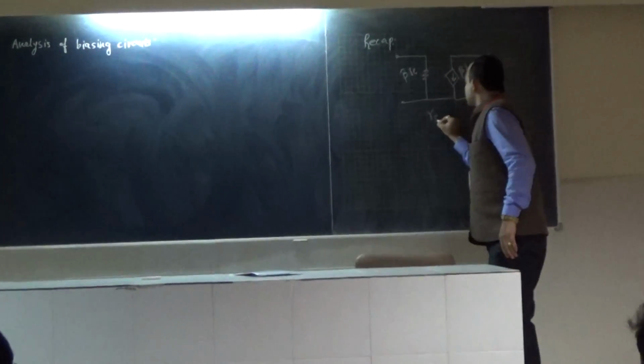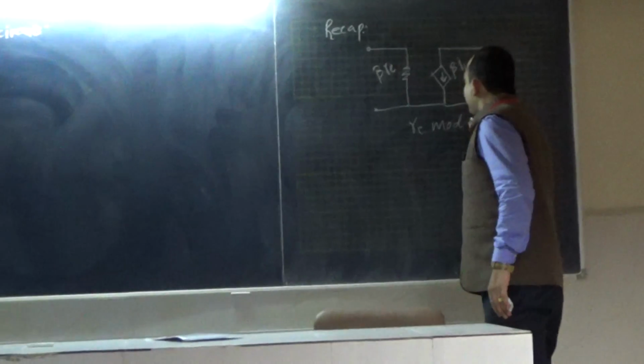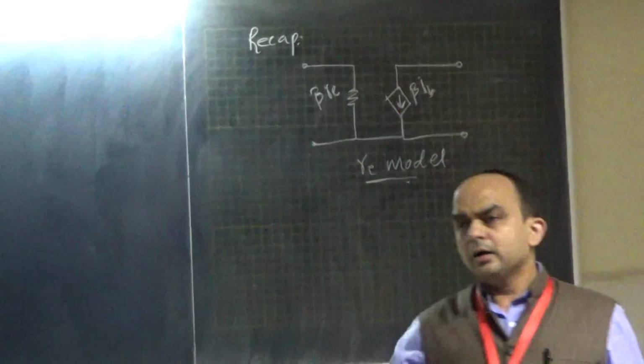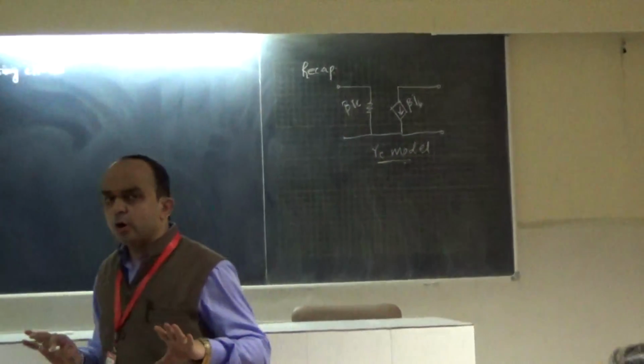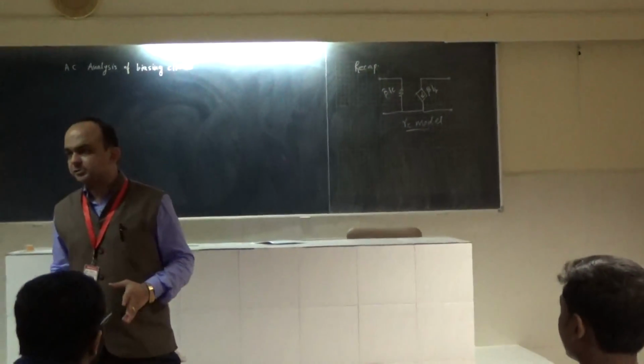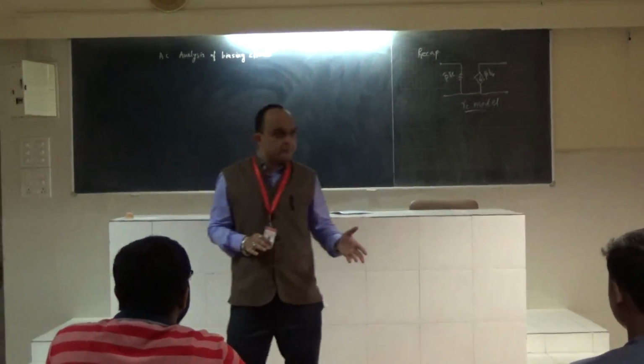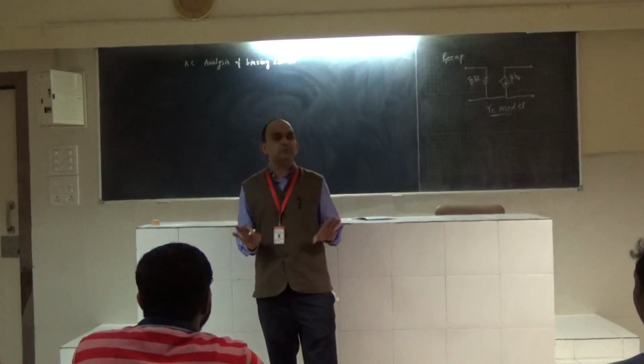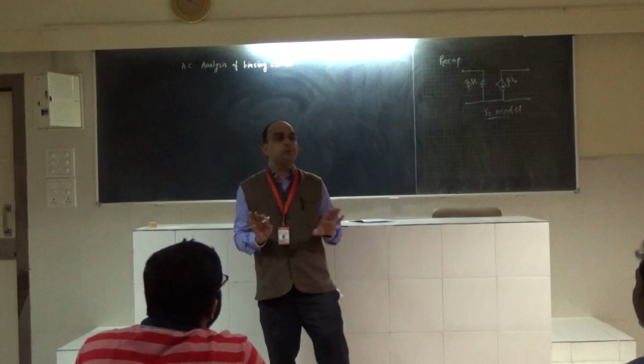After this I told you the simplified steps. If you follow those steps, you will be able to solve these problems in a very systematic manner, and there won't be any problem for you.